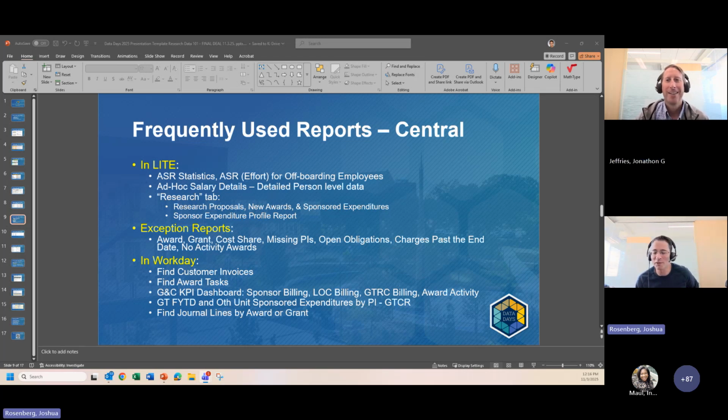Yes, F&A stands for Facilities and Administrative Costs. It is also known as overhead costs. In our world, it is also known as IDC, indirect costs. These are all of the costs that support our research operation that cannot be direct charged to the grant. Jonathon and I are examples of F&A costs because in grants and contracts accounting, we are supporting thousands and thousands of awards.